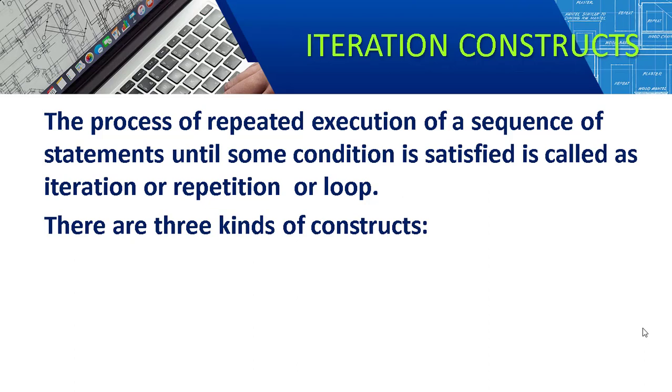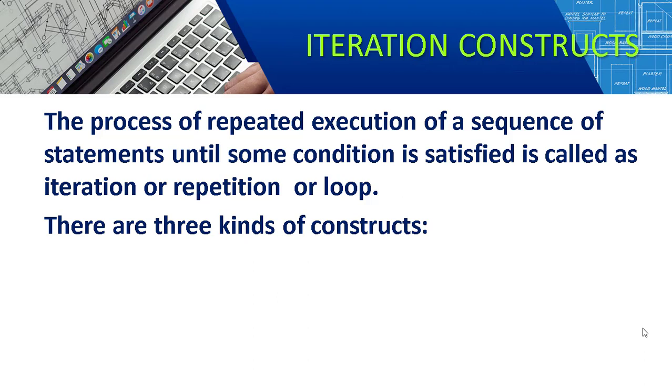The next type of construct is the iteration construct. The process of repeated execution of a sequence of statements until some condition is satisfied is called iteration, or repetition, or loop.